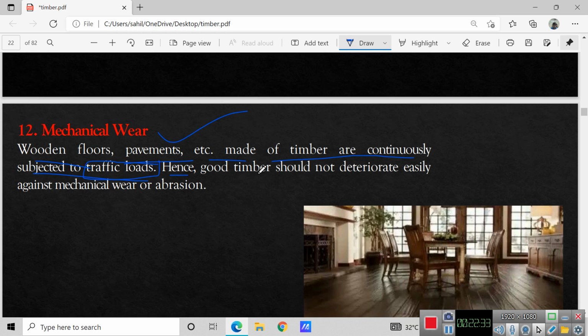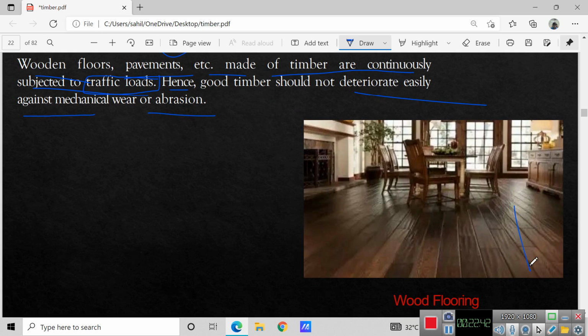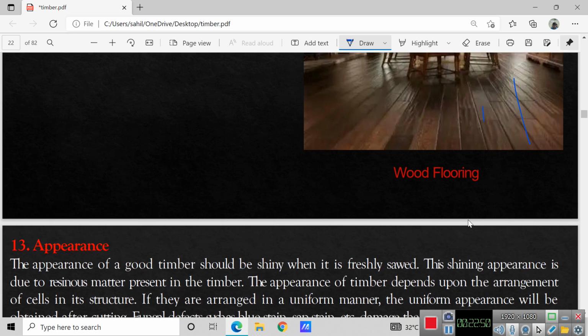Hence good timber should not deteriorate easily against mechanical wear or abrasion. Now here you can see wood flooring is given. So this wood flooring must be able to handle traffic loads and should not deteriorate easily against any mechanical wear.